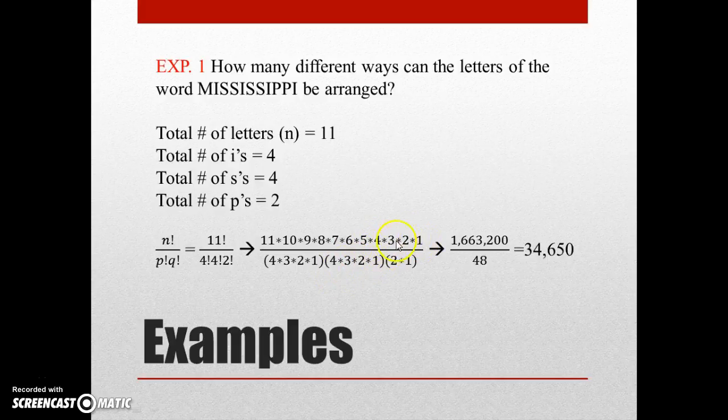I know you know some basic math. We input it into our calculator, we get 1,663,200 over 48, which gives us 34,650 ways in which the letters of Mississippi can be arranged. That is a lot of ways.